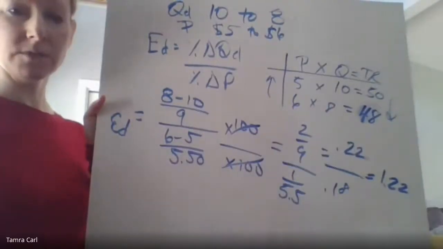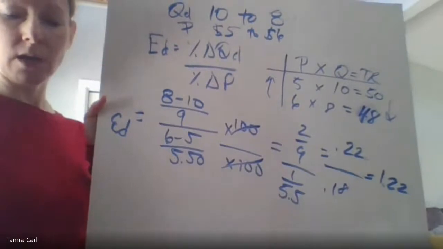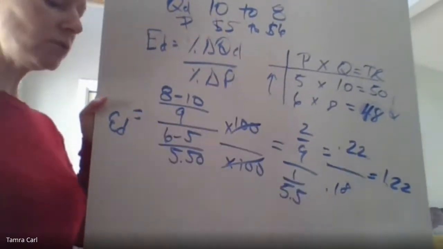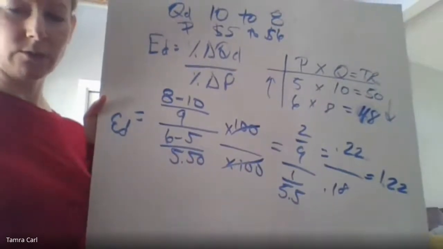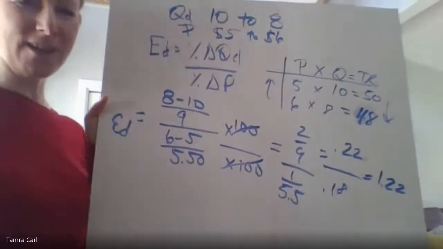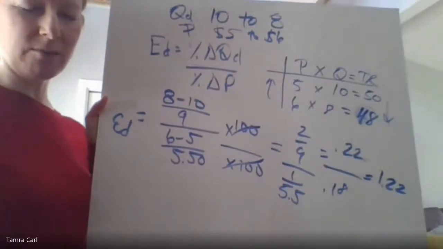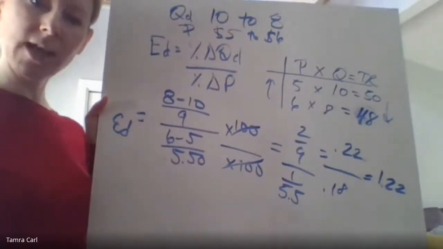Could you restate that? Cross price elasticity of demand. I'm talking about substitutes and complements.